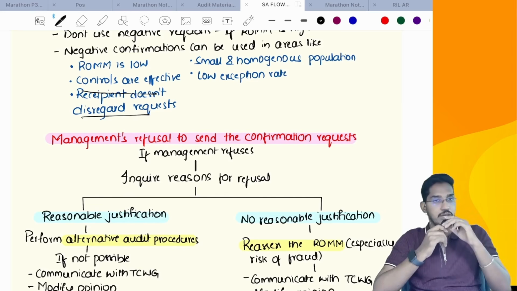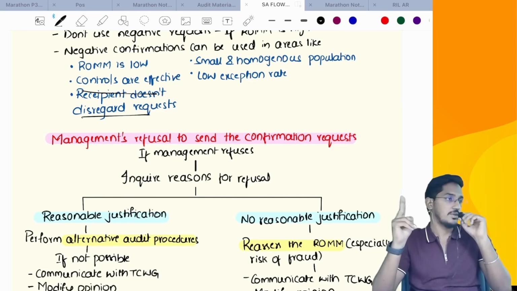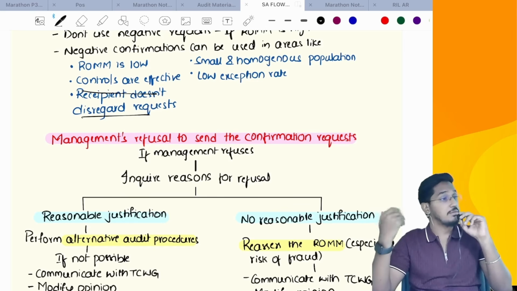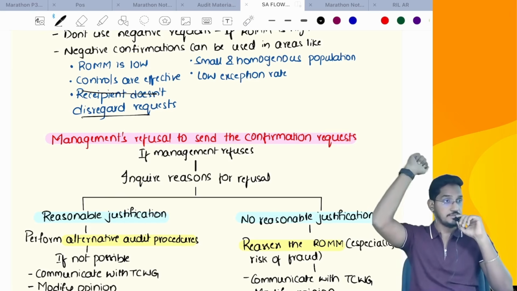At which step we rely on the management is the second step. You have to select the appropriate confirming party. Your client has done business with a very big company. Now you want to send a confirmation to that customer, but you can't send the email to their official email address because they will not respond. If your client has done sales to them, that means it is a purchase for the third party.